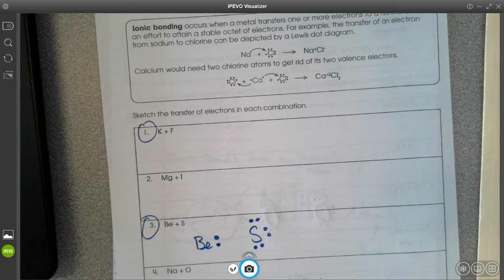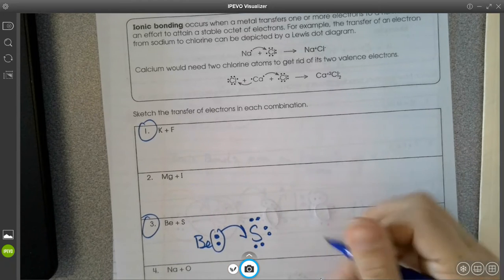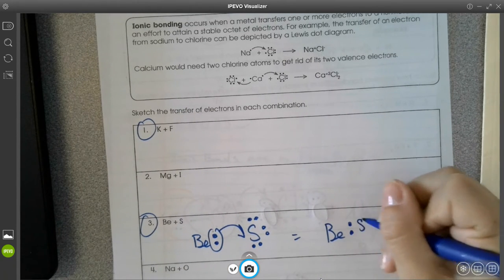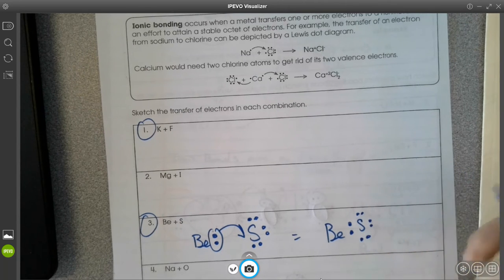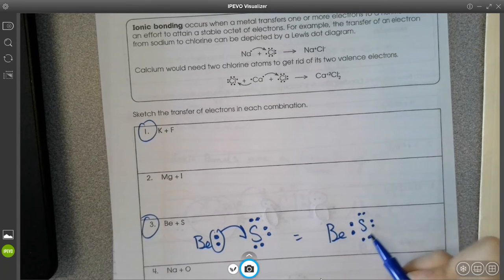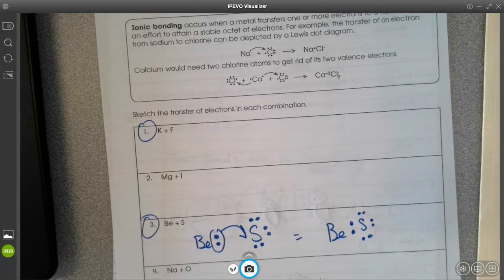Remember, 8 is that magic number. It's easier for Be here to give up its electrons and create an ionic bond with sulfur here. Where this is our bond, sulfur now has 8 electrons, and Be is just kind of hanging around watching to see how sulfur is using its electrons.